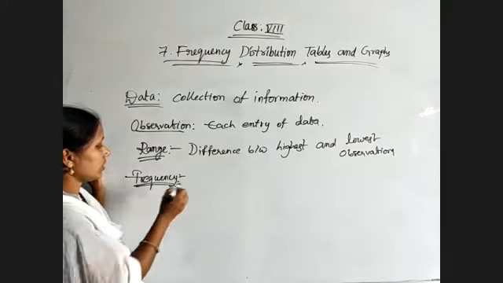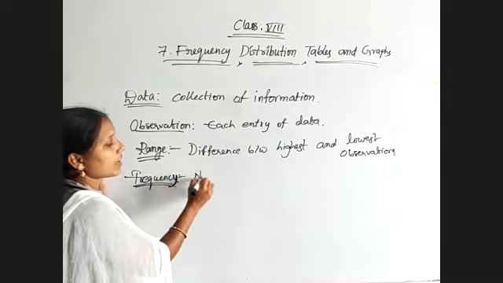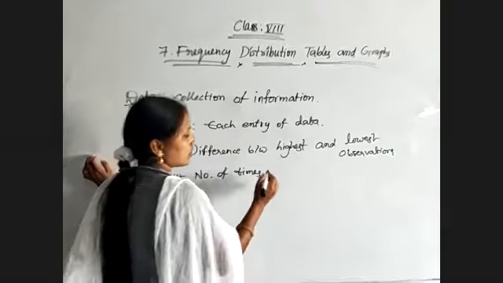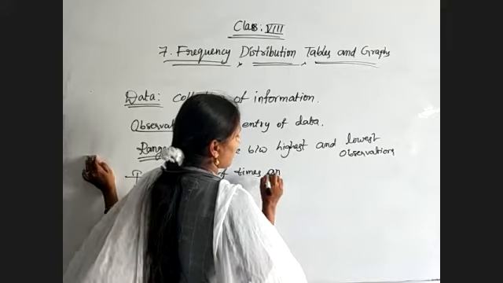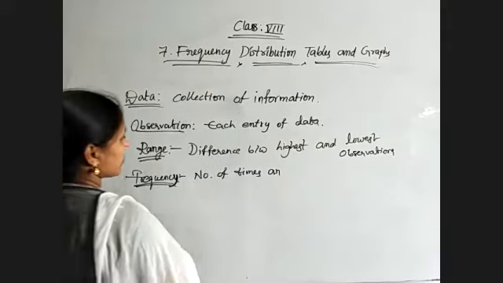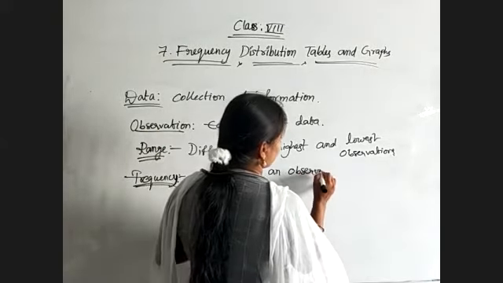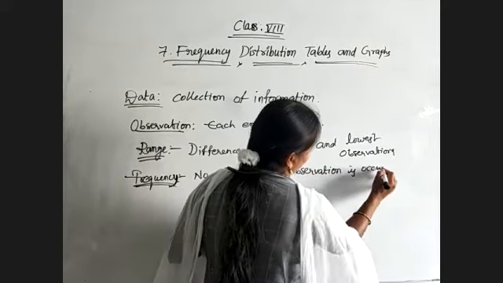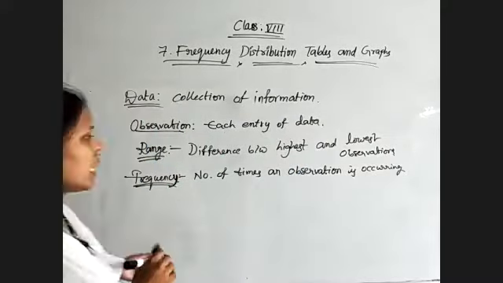So frequency is the number of times an observation occurs, the count of the observation in the data.